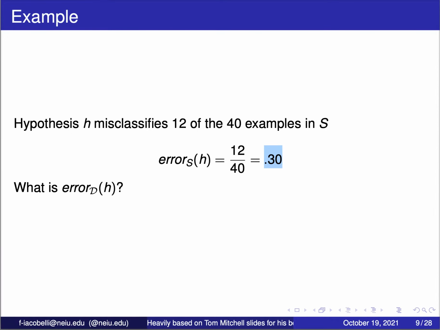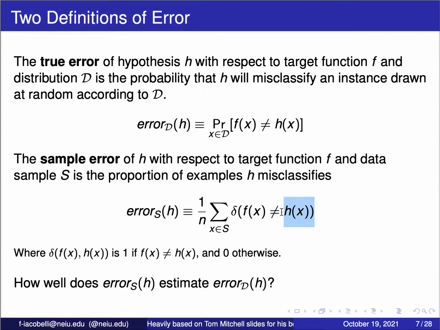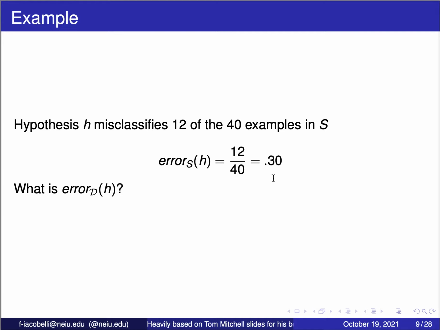It basically follows this formula here. If I misclassify 12, that means that 12 times my hypothesis produced a different result than the human, for example. That's the number 12. And then divided by n, which would be the number of total samples. So now this is the sample error.